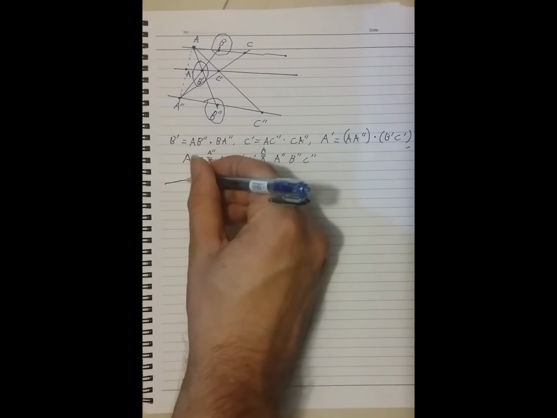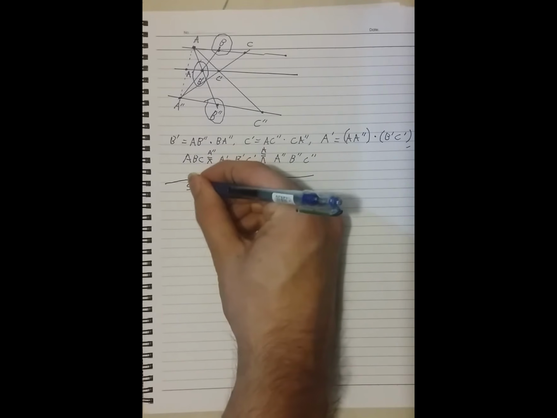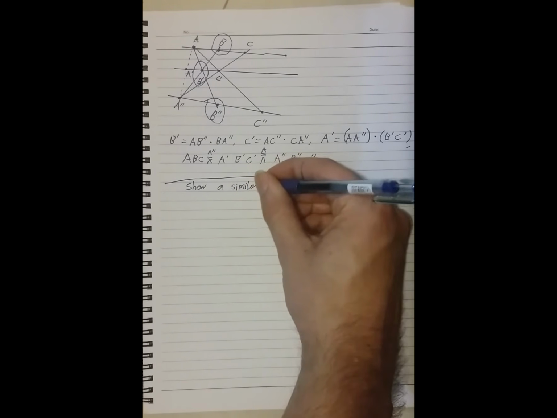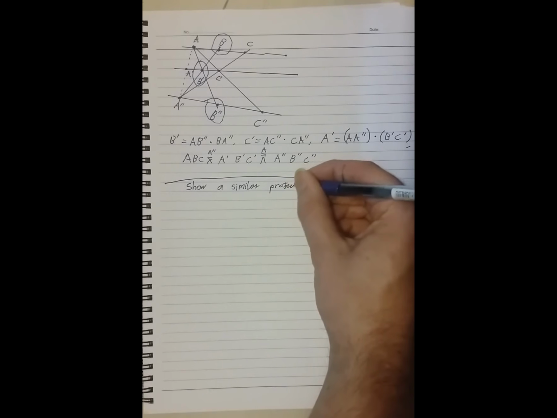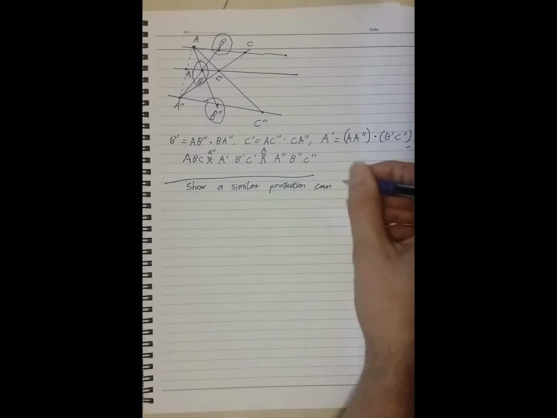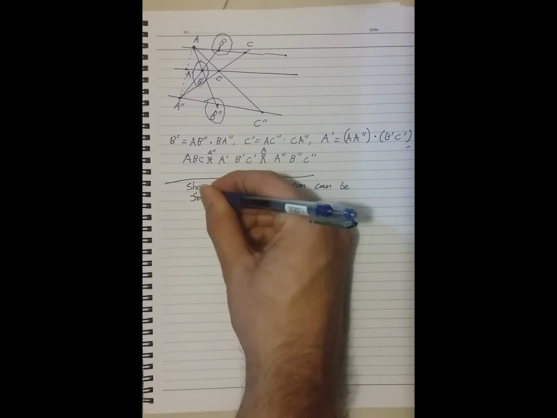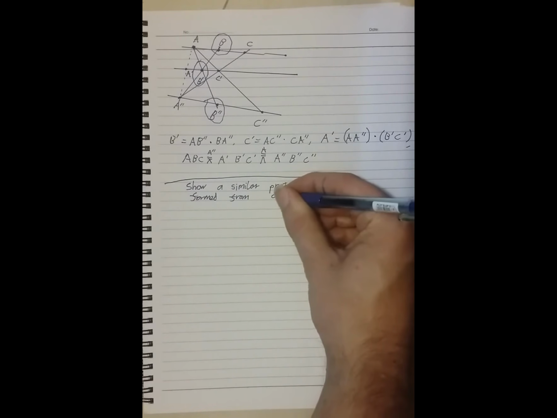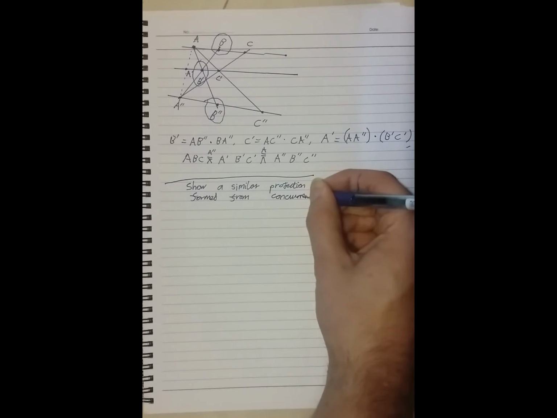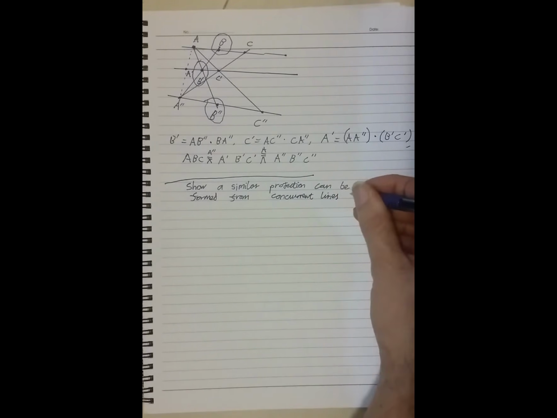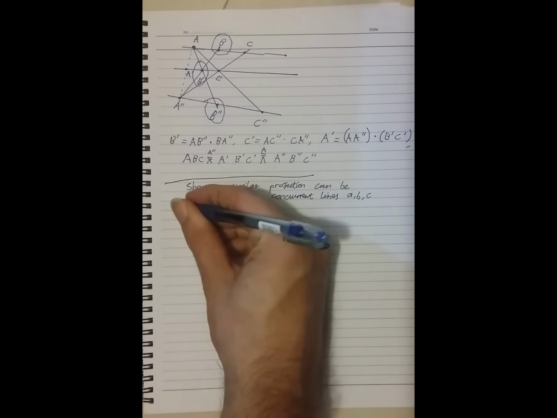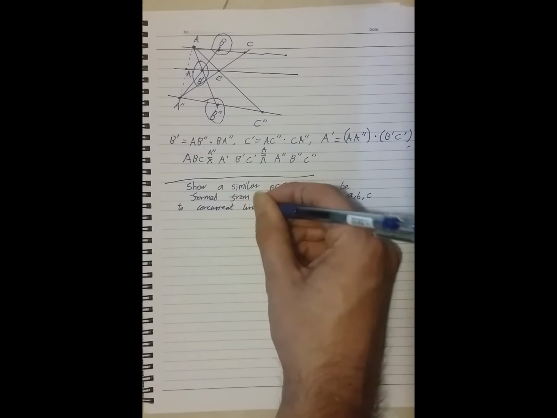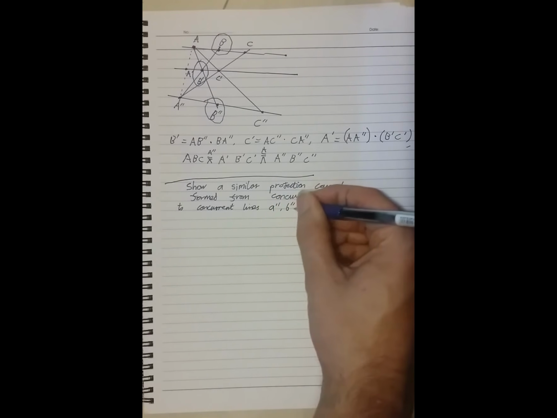Now I'll leave it as an exercise for you to show a similar projection can be formed from concurrent lines A, B, C to concurrent lines A double dash, B double dash, C double dash.